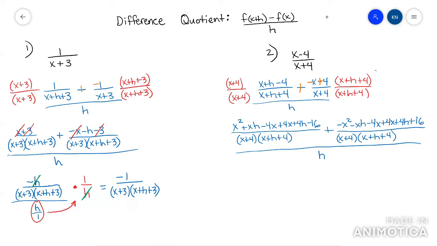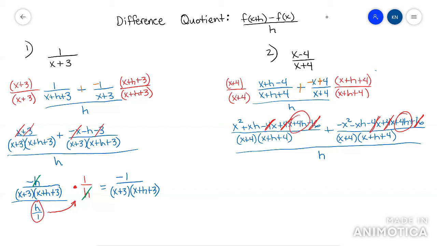Okay, now I'm at the cancel stage. Since these have a common denominator, I can act like it's just one giant numerator. All of this stuff can be canceled with each other. So like this minus 4x, the plus 4x. I have a minus 16 and a plus 16. Over here, I have a minus 4x and a plus 4x. I've got a 4h and a 4h that are going to combine and be like terms.